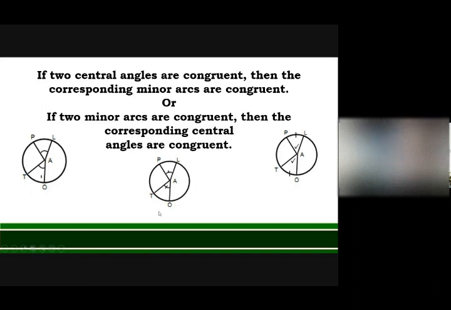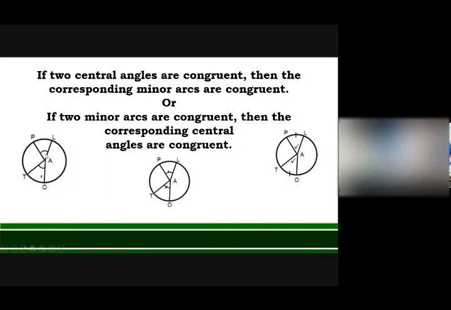Or, pwede rin nating sabihin, if the two intercepted arcs are congruent, it means their corresponding central angles are also congruent. For example, let's say angle PAL is 50. It means that angle TAO is also 50.